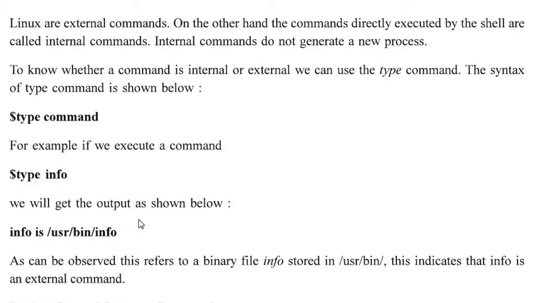We will get the output as shown below: info is /usr/bin/info. As can be observed, this refers to a binary file info stored in /usr/bin. This indicates that info is an external command.